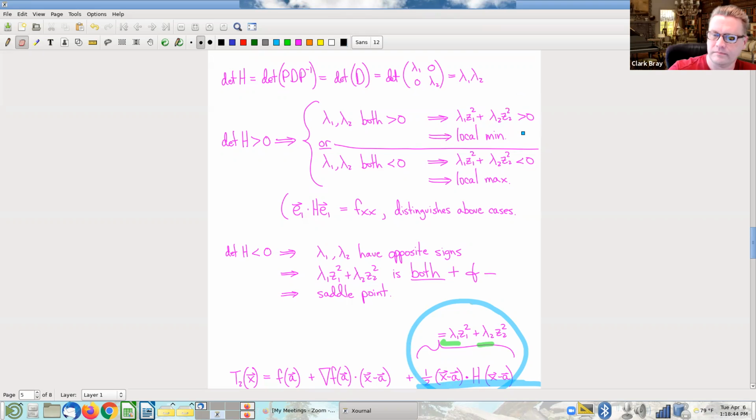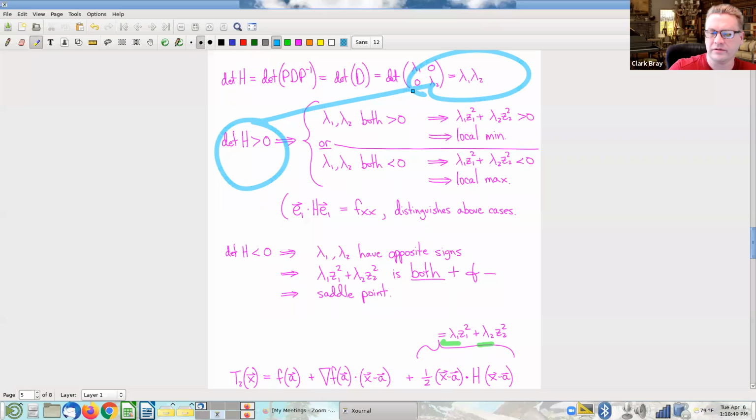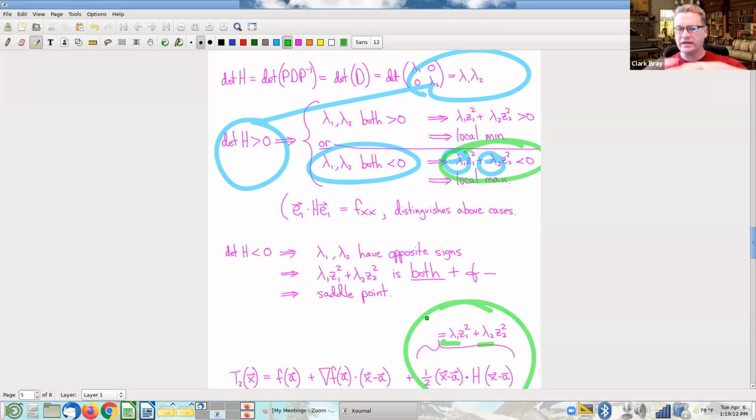Likewise, if the determinant is positive because the eigenvalues are both negative, it works out nicely. That's negative and that's negative, so the whole expression is always negative. If your entire second order behavior is always negative, every second order term, then you've got a local max.